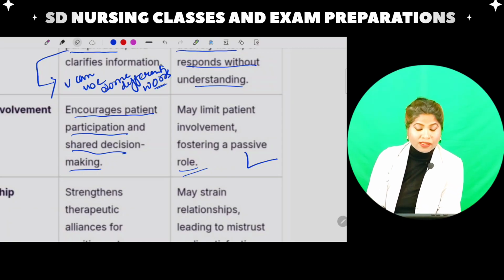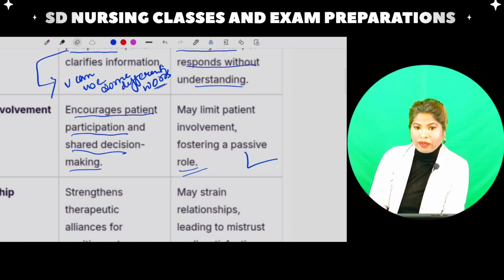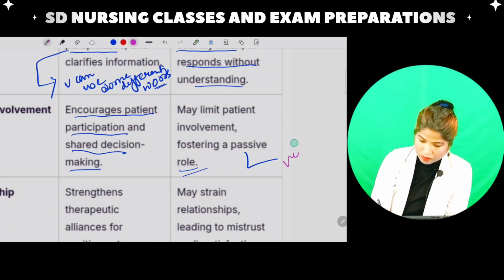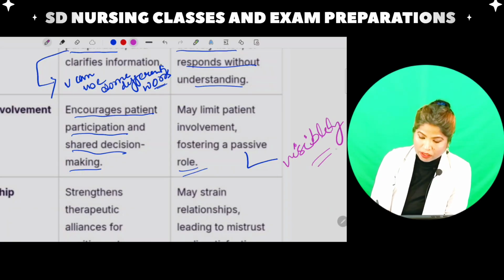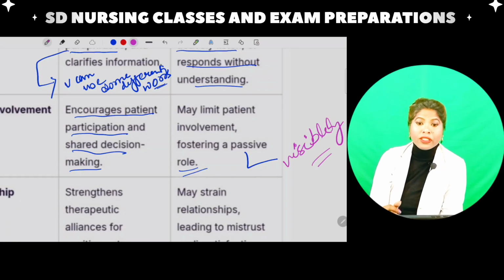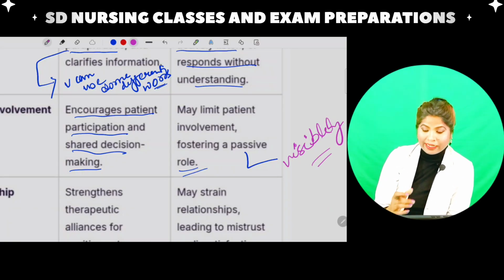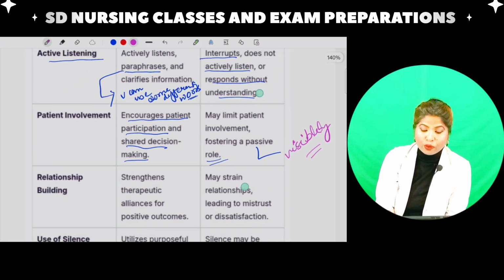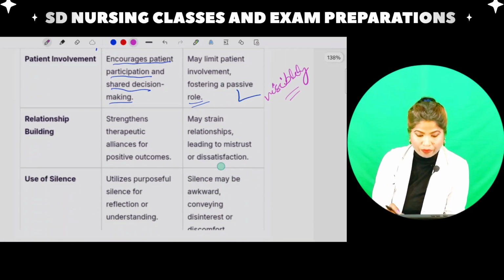Fostering a passive role means visibly you are not involving the patient. Visibly you are not involving the patient's encouragement or the patient's task or something like that. So this is totally negative.